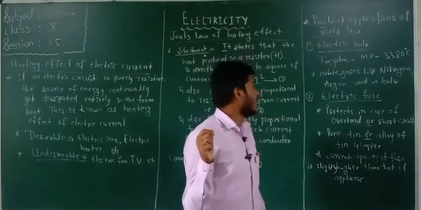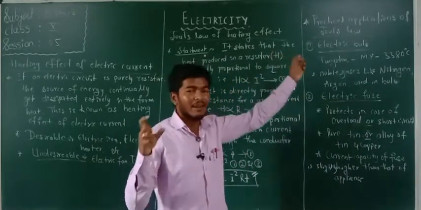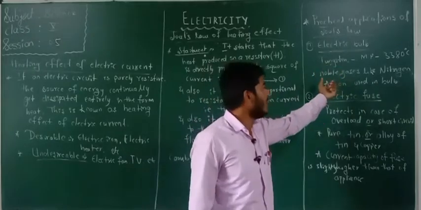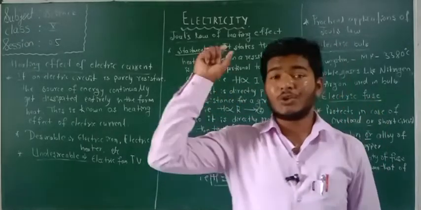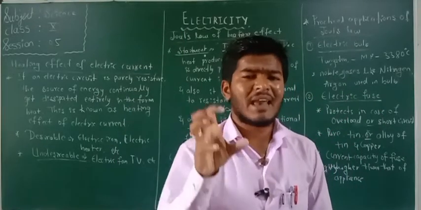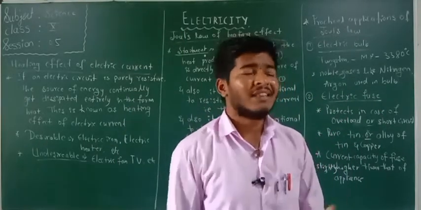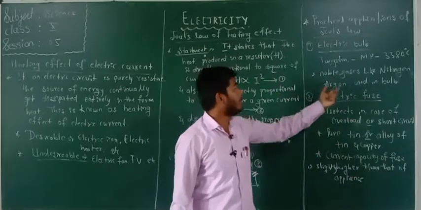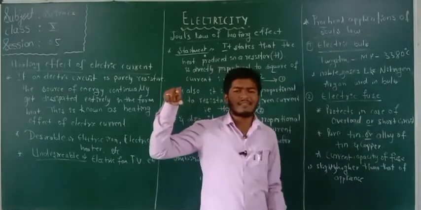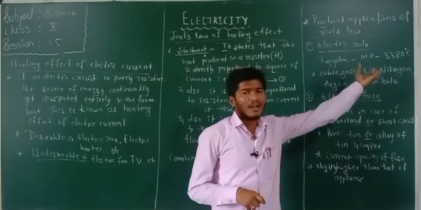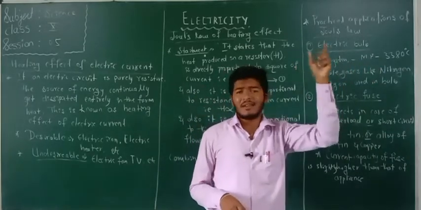Also remember that in the electric bulb they fill noble gases like nitrogen and argon. In electric bulbs or tube lights they use some gases. Why? Because those gases increase the life period of the filament. The filament is nothing but a tungsten wire in small bulbs, and other filaments are also present in tube lights.